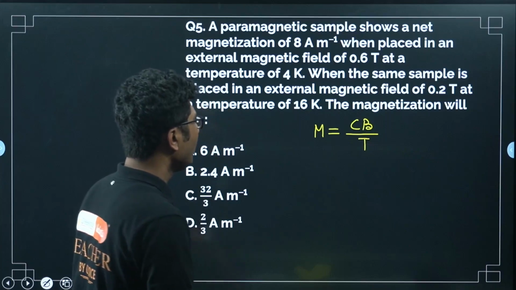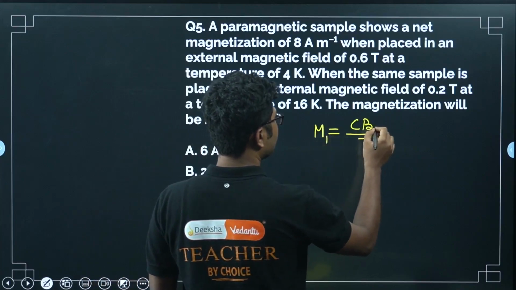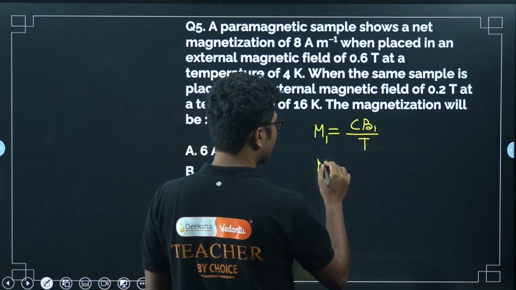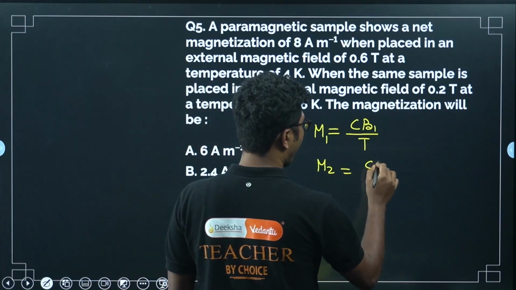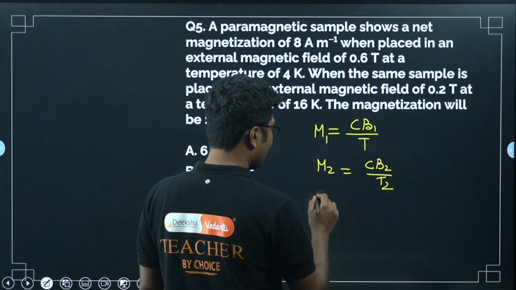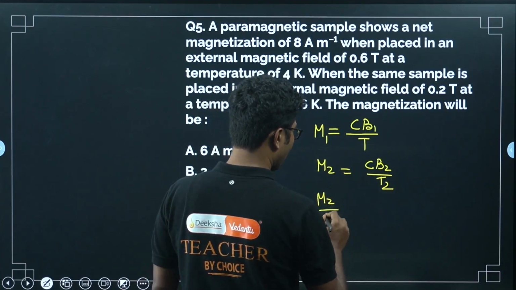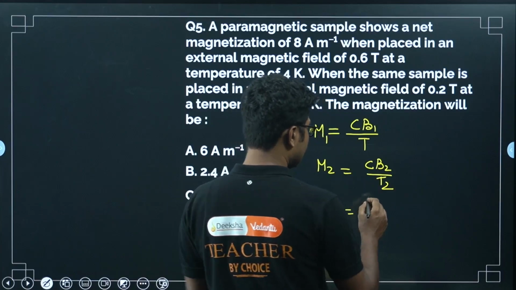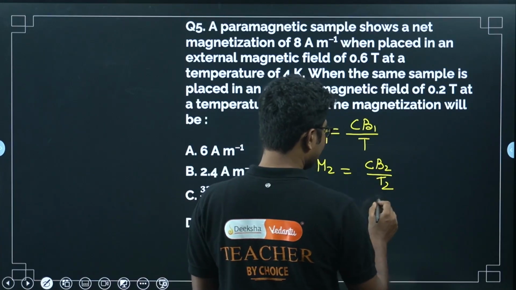Okay, so for say substance 1, initially it was M1 and finally it is M2, right? So if you divide them you will get M2 by M1. We are trying to find M2. M1 is given, so we are writing it like this.